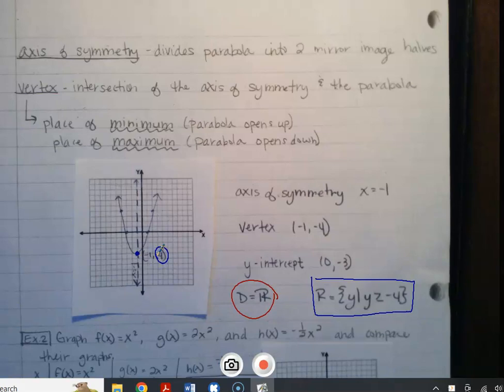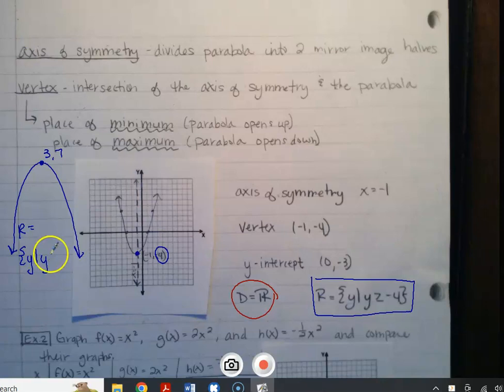And if we had the other one, and say this point was (3, 7), then our range here would be y such that y is less than or equal to 7, because all of our numbers now are below.